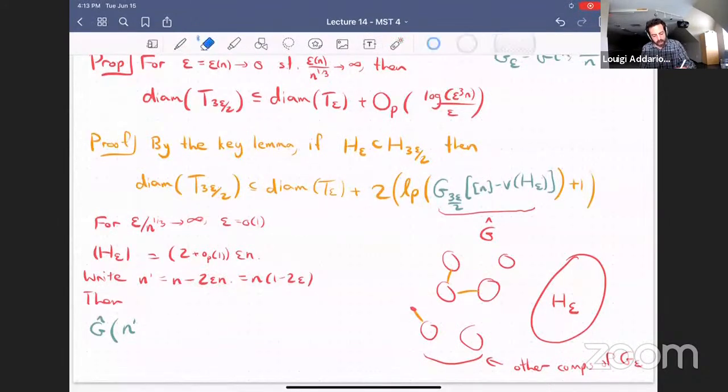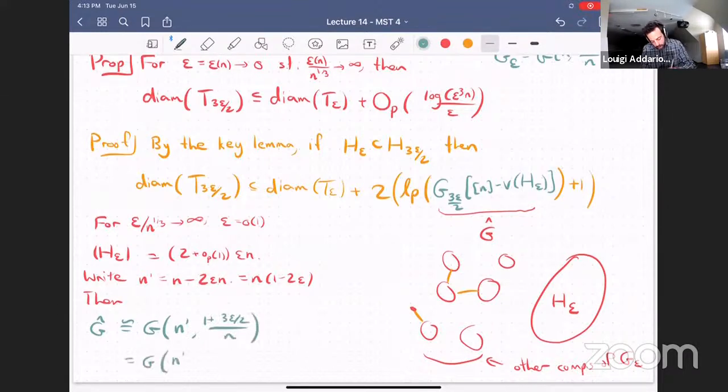So G hat looks roughly like a random graph with n prime vertices and parameter 1 plus 3 epsilon over 2 divided by n. I can rewrite this using the definition of n prime as 1 plus 3 epsilon over 2 times 1 minus 2 epsilon, all divided by n prime.